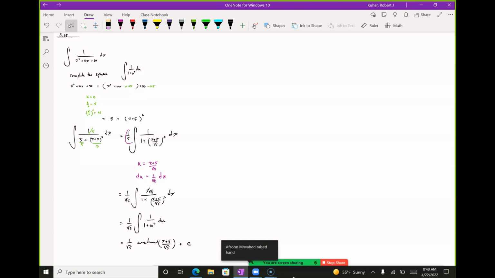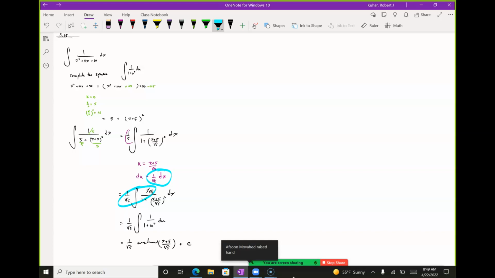I was good until the step right under the purple u and u. Yep. How did we make the...? Actually, move on. So the key here was I needed a 1 over rad 5, right? And I noticed that 1 over rad 5 times 1 over rad 5 is 1 over 5.